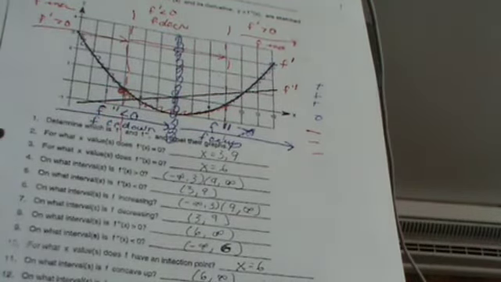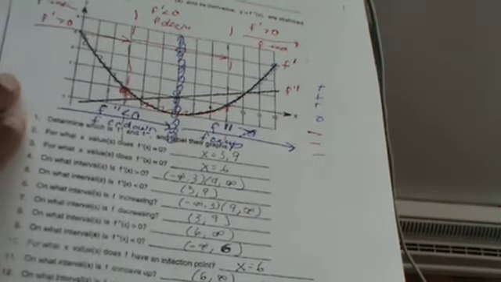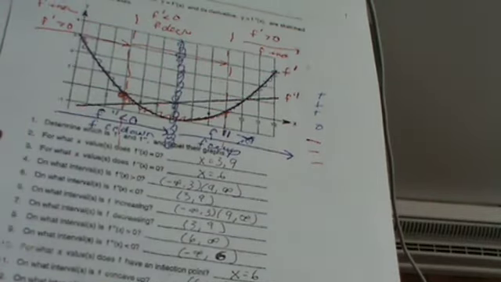And then finally, where is f prime, this function here, where is that decreasing? We can say that that's from negative infinity to 6. Okay, which is where your original function is, sorry about that, I have something bumping up against it, where your original function is concave down and your second derivative is negative.